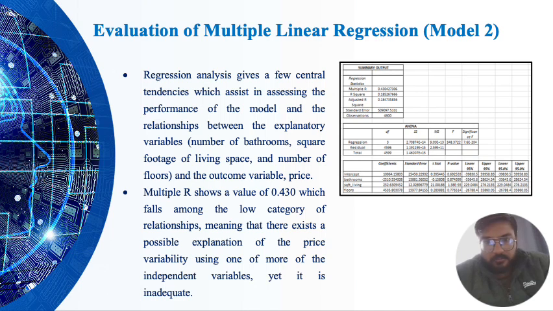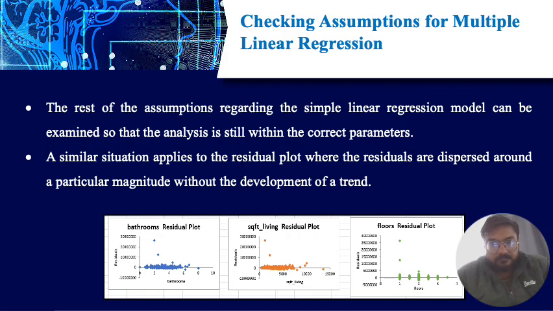Multiple R shows a value of 0.403, which falls among the low category of relationship, meaning that there is a possible explanation of the price variability using one or more of the independent variables. Yet it is inadequate.